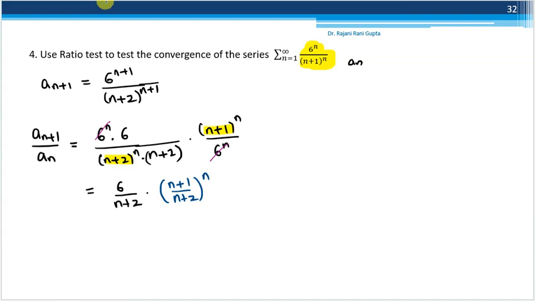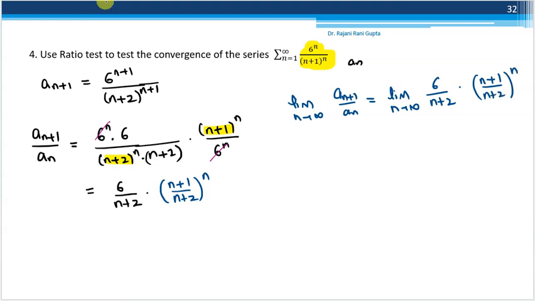Now when it comes to finding the limit as n approaches infinity of a_(n+1) over a_n, this gives you the limit as n approaches infinity of 6 over n plus 2 times n plus 1 over n plus 2 to the power n.